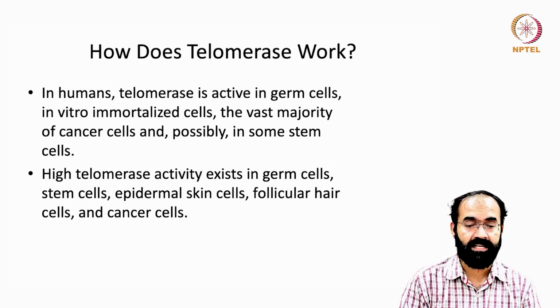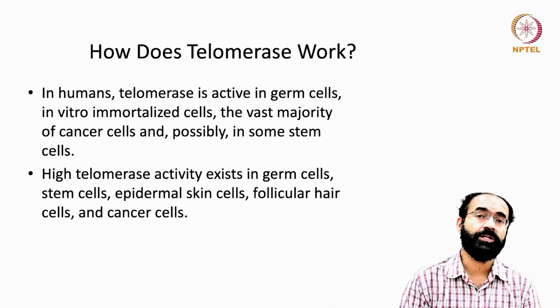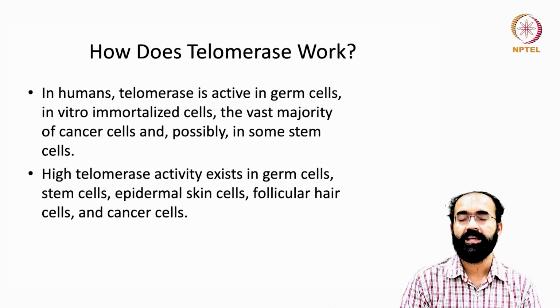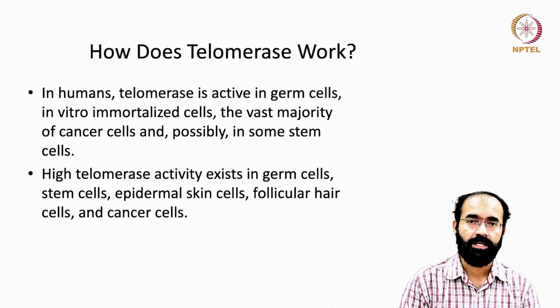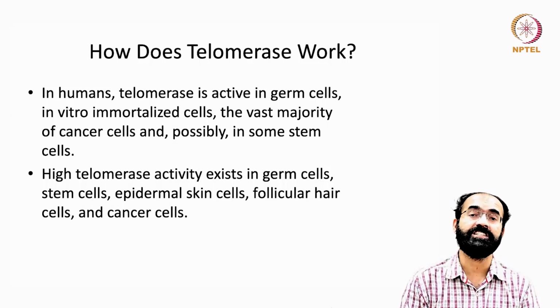And epidermal skin cells, because your skin cells erode very fast. If they don't have telomerase, of course telomerase activity comes down with old age, but their rate of division is so high. That is why in cancer treatment, after chemotherapy, people develop lots of hair loss, wrinkling of the skin, and they even have a lot of vomiting, loose motion, etc. Because the cancer cells divide very fast, anti-cancer drugs target all cells which divide.